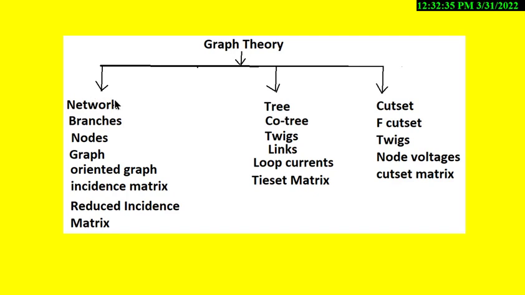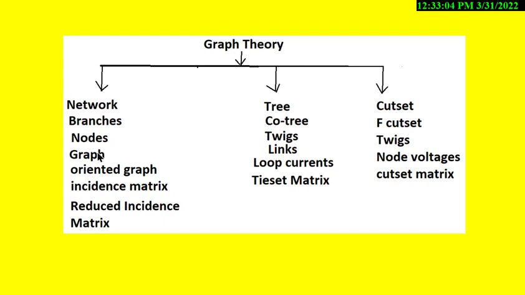So let me summarize once. We have seen what a network is, that is nothing but several passive elements and active elements. Branches means each branch will have a passive element, and may have active elements also. Nodes are the connecting points between two or three elements.